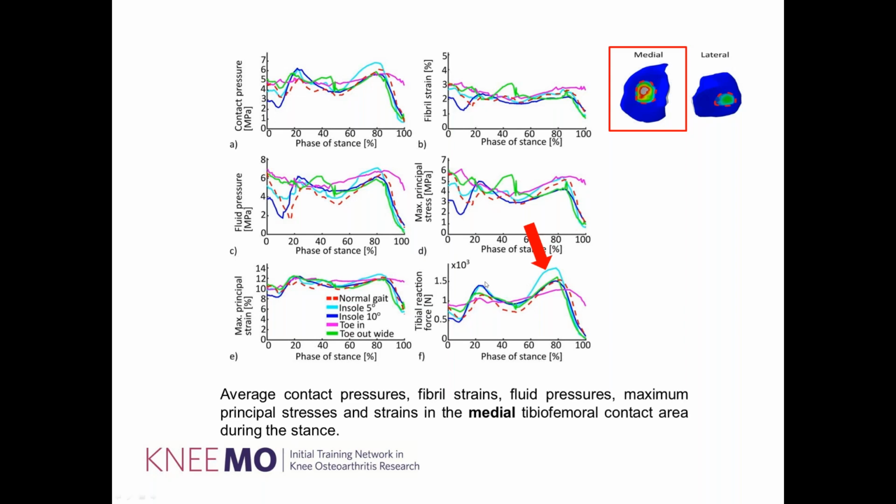You can also see that the insole 10 degree has the same issue. This also, the second peak, you can see that the normal gait, which is the red dashed line, now the reaction forces are pretty much the same as with the insole 10.